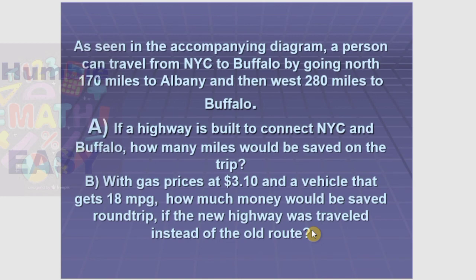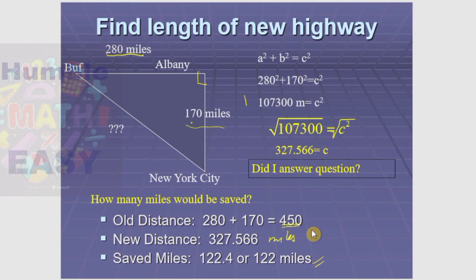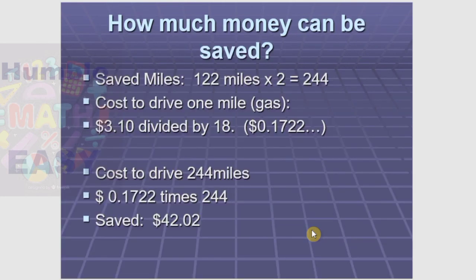Now the last part is 122 miles times 2, because it is a round trip, so we have 244. The cost of gas is 3.10 divided by 18, and we now have $0.1722.